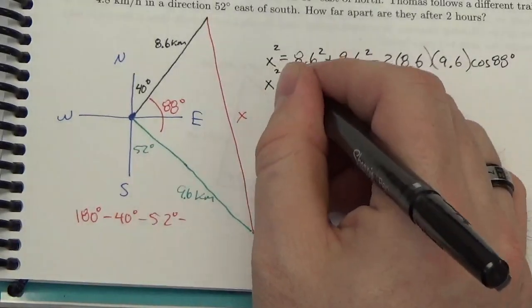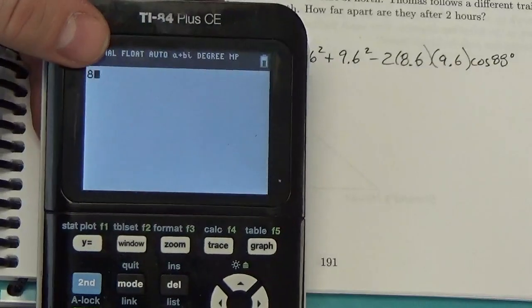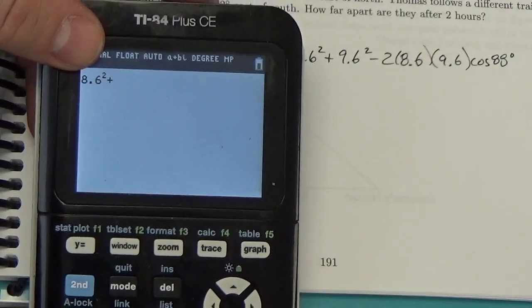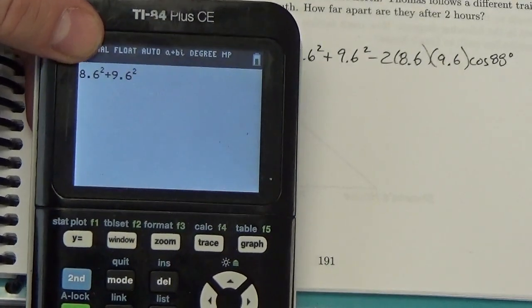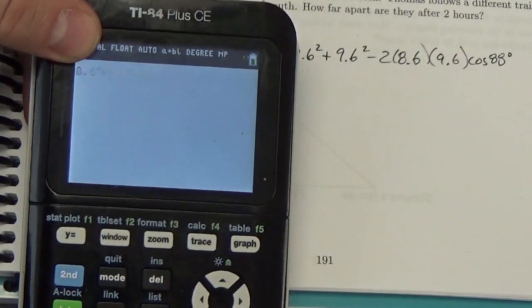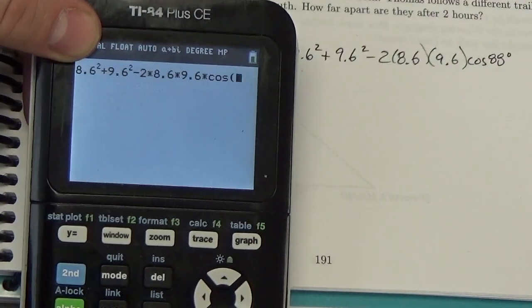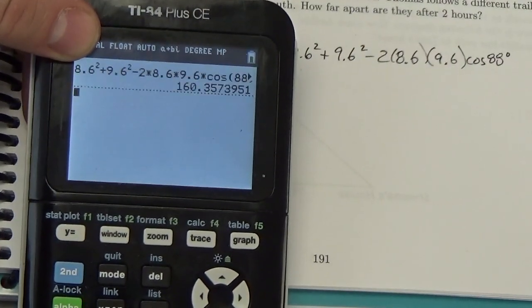So x squared equals 8.6 squared plus 9.6 squared minus 2 times 8.6 times 9.6 times, not divided by, times the cosine of the angle in between.